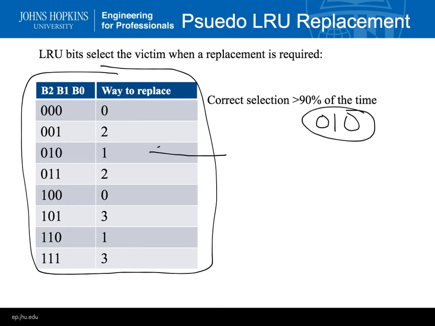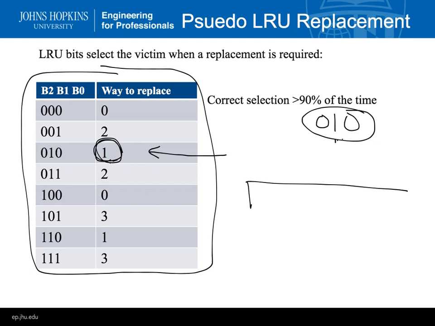Looking at the table, way 1 would be the one to be replaced, and for this little example, that's correct because way 1 was never accessed, so it's definitely the least recently accessed one. That was a good choice.